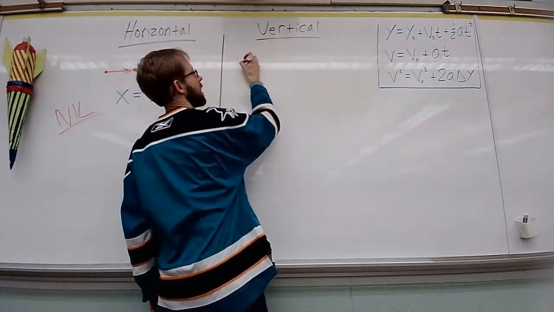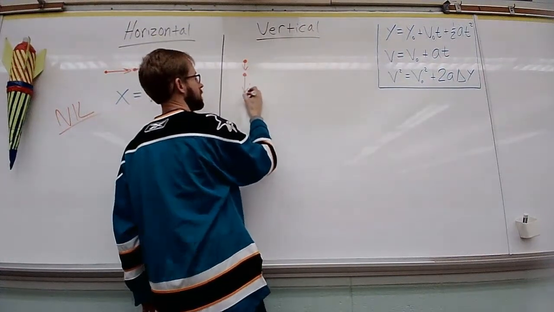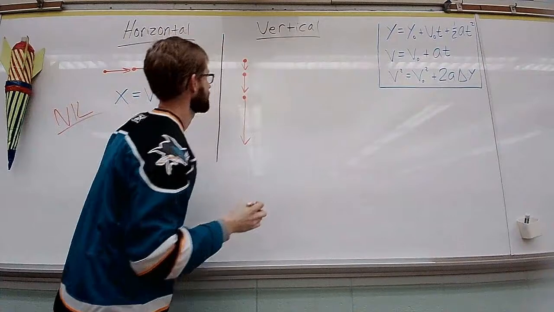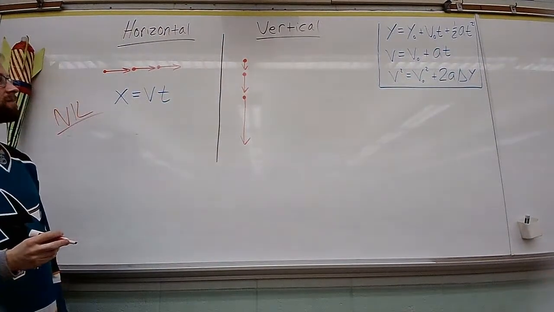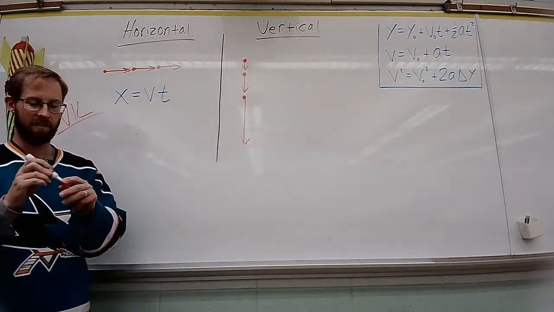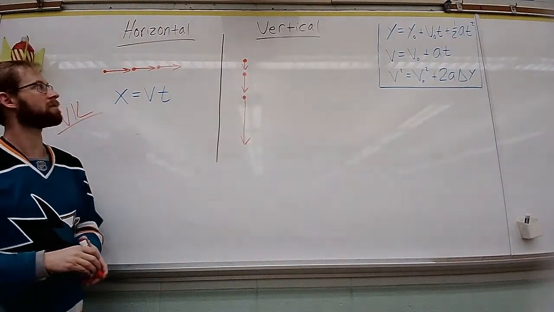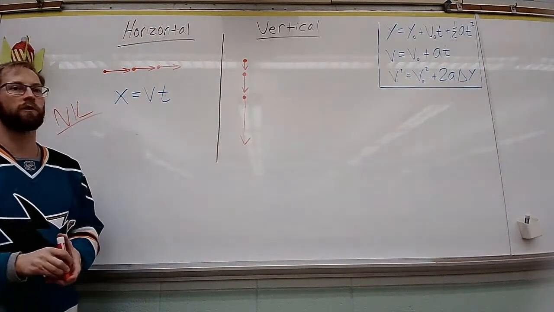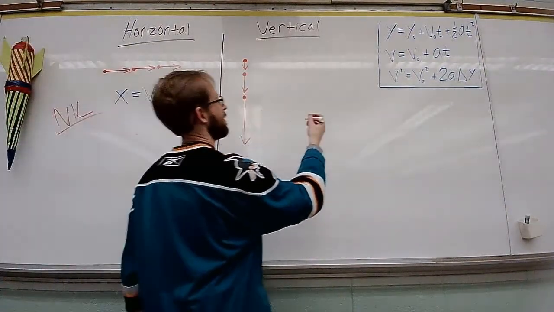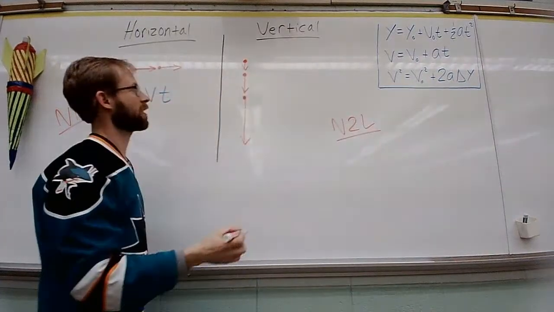So the motion map for that would just have arrows that are growing in size. Anybody remember which of Newton's laws says that when you have a force, you're going to have an acceleration? Newton's second law. Very good. So let's give Newton credit again.